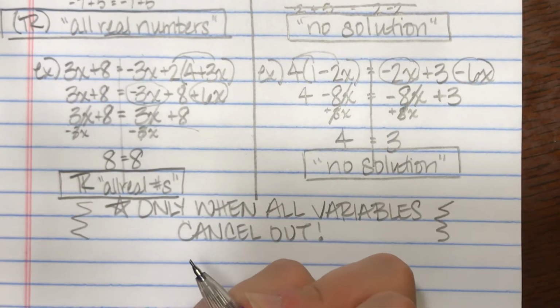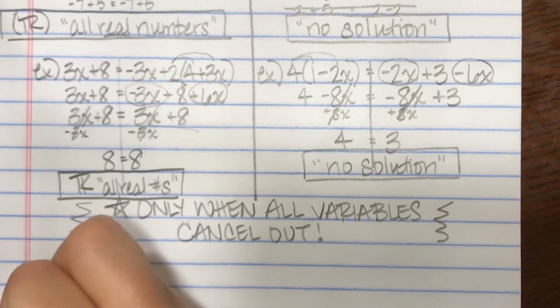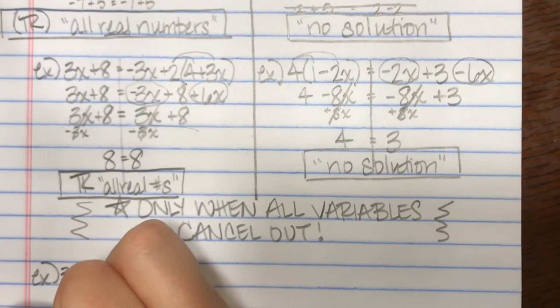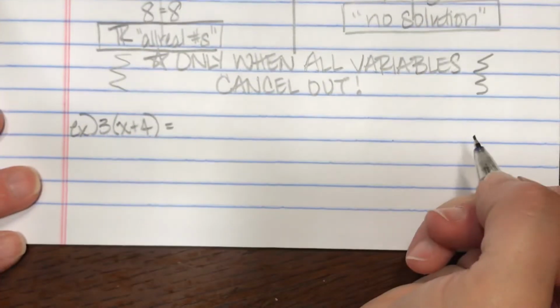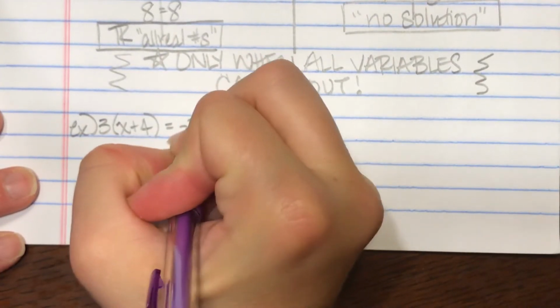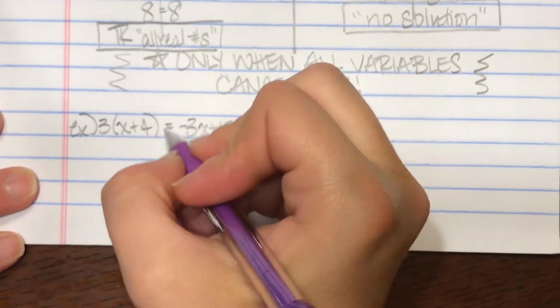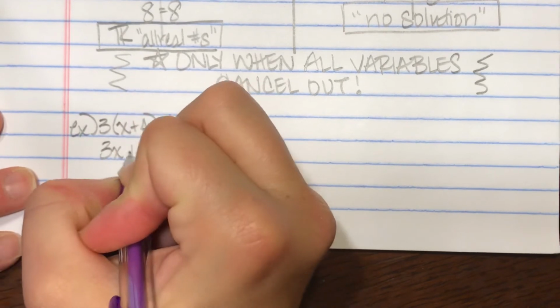Because here's where we get confused. If I give you a problem like 3 times the quantity x plus 4 equals negative 3x plus 12. If I simplify the left side, I get 3x plus 12.